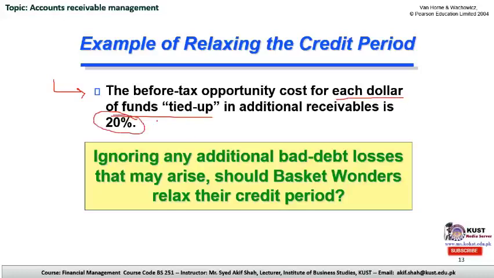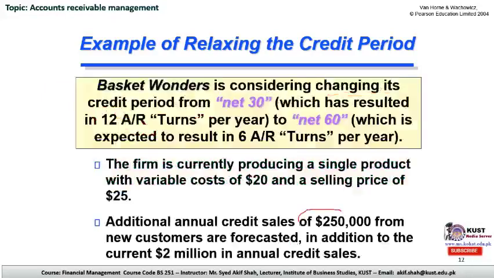Now, why is this information important? Because if we are going to accept the additional credit customers, it means that we are going to stack $250,000 in our additional accounts receivable.